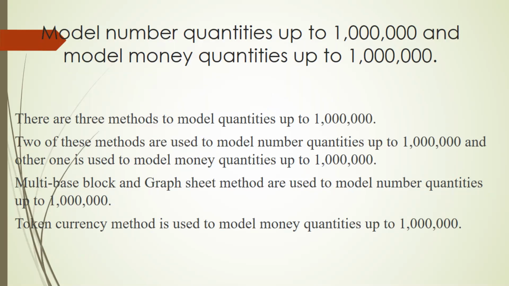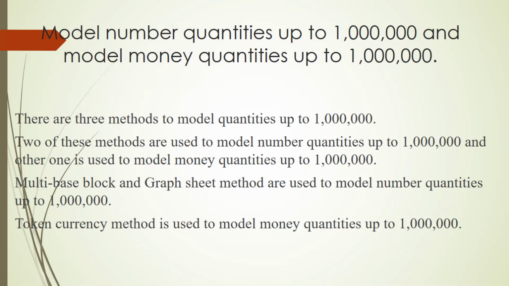Two of these methods are used to model number quantities, and the other one is used to model money quantities. Multi-base block and graph sheet methods are used to model number quantities up to 1 million. The difference is that we have number quantities and money quantities.